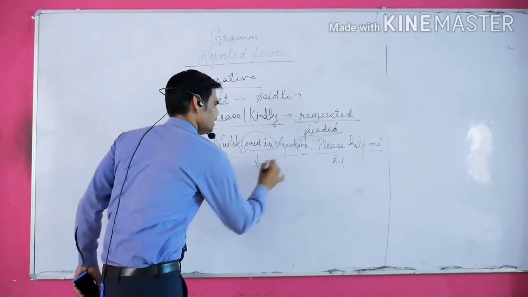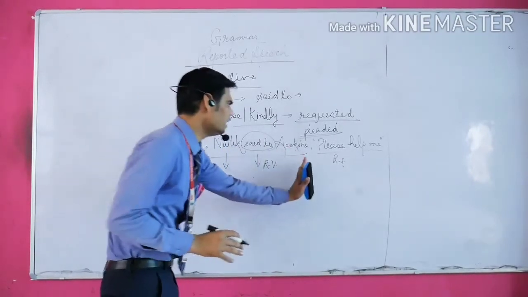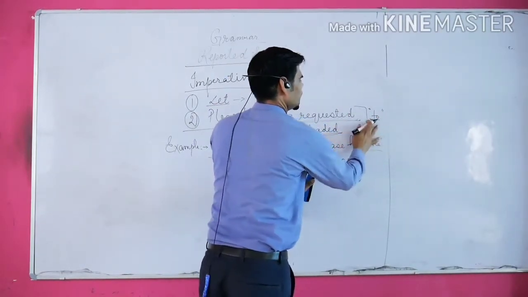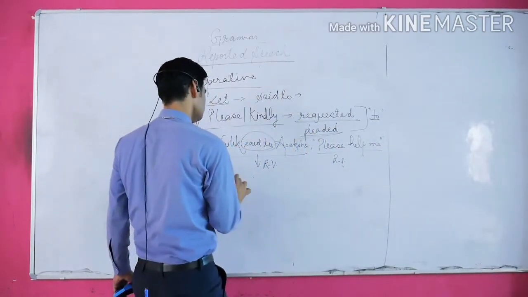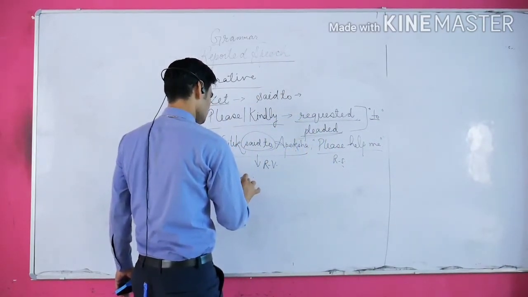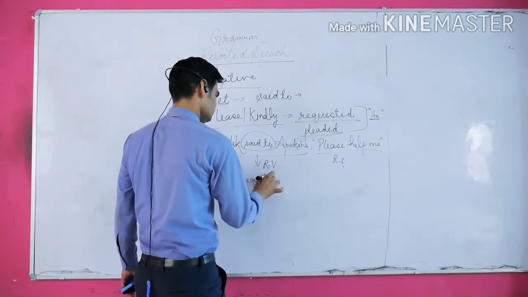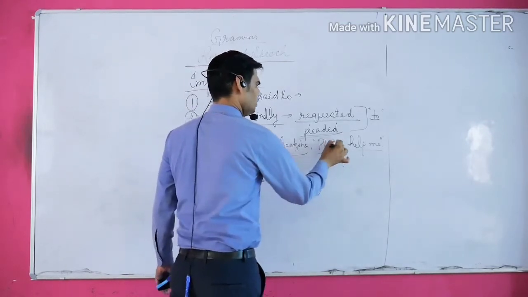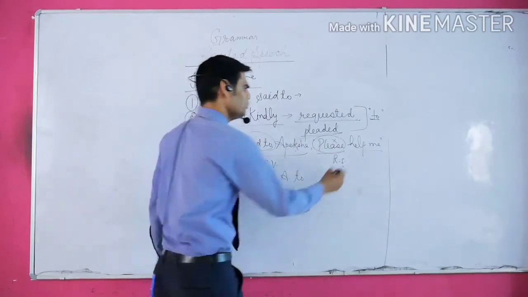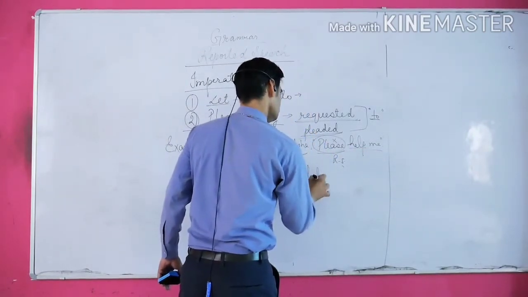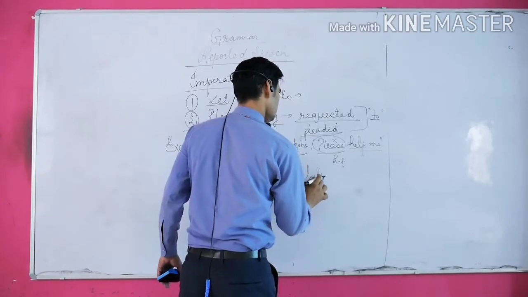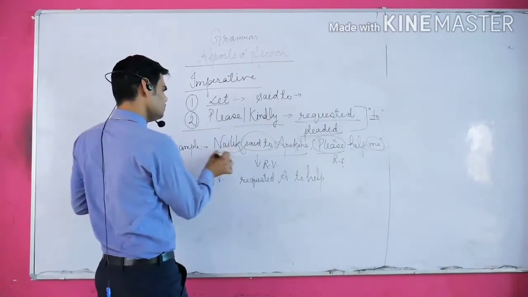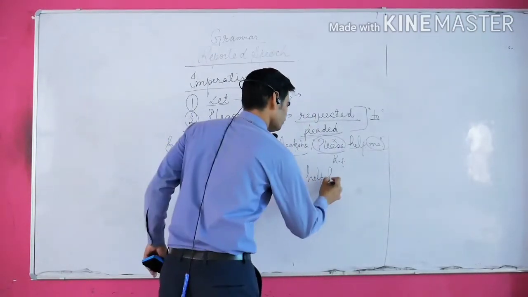Naitik requested Apeksha. After that we will put here connective word, and the connective word we have is to. So we will add here Naitik requested Apeksha to, and then we will remove this word. We will put here help, and we have here me. It is the speaker who is speaking, so the speaker is here Naitik. We will convert him.